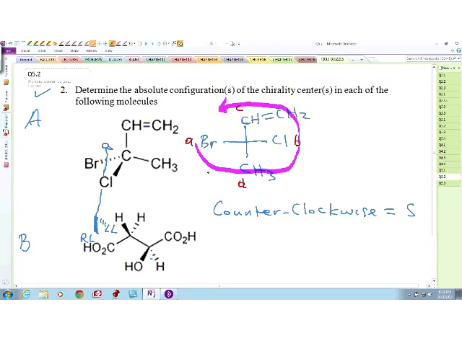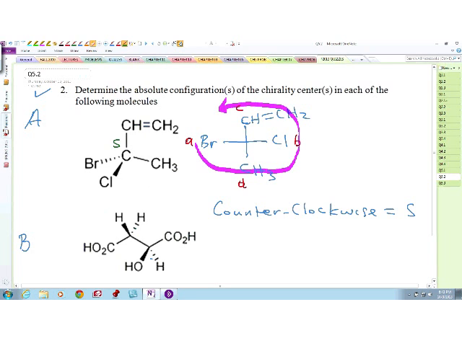No, we don't have to switch, because the group of lowest priority, which is methyl, is going away from us. So the absolute configuration here is S, and that's what they tell you to do.